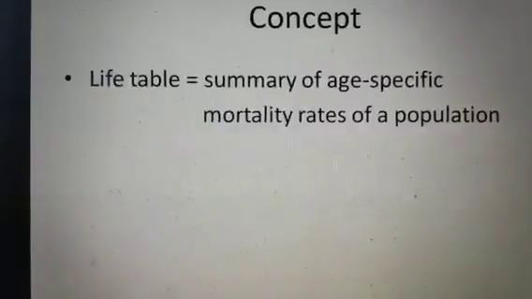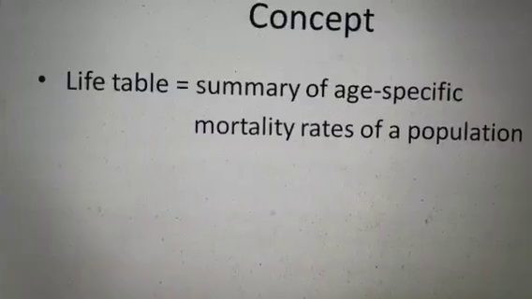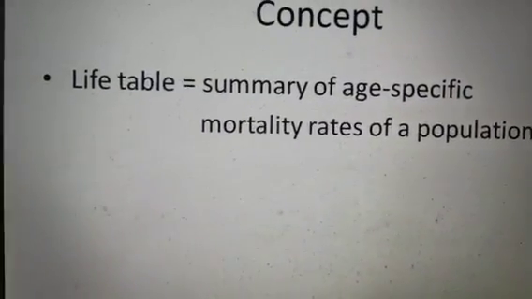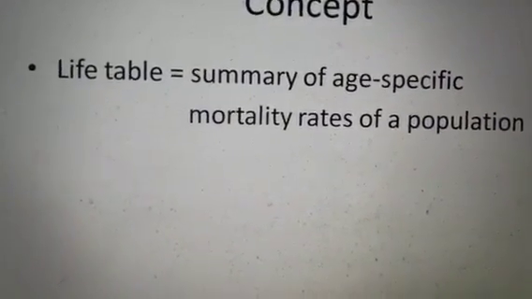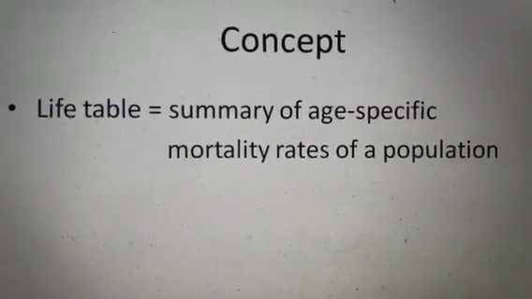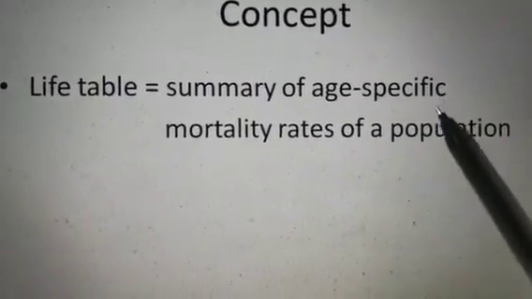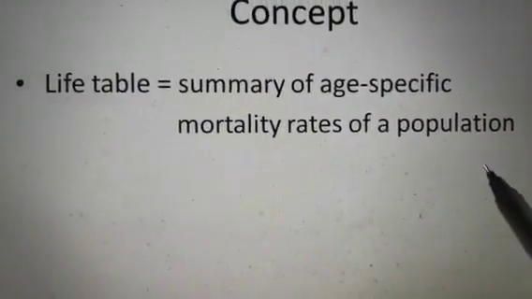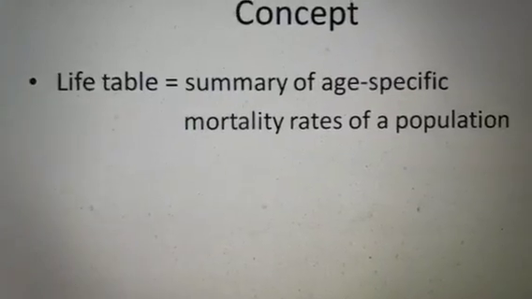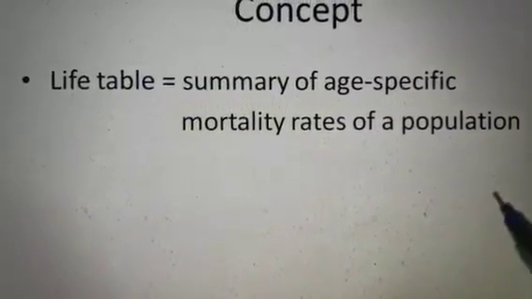So students, let's start with the concept. Very brief concept is there, and as per this you can see that life table is a summary of age-specific mortality rates of a population. Very brief, concise and specific definition, or we may say concept.